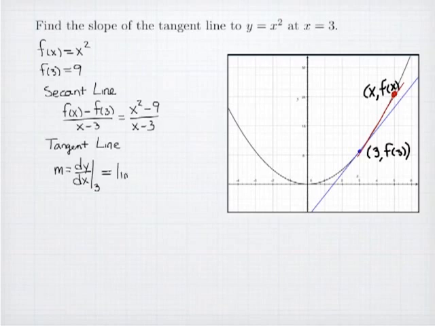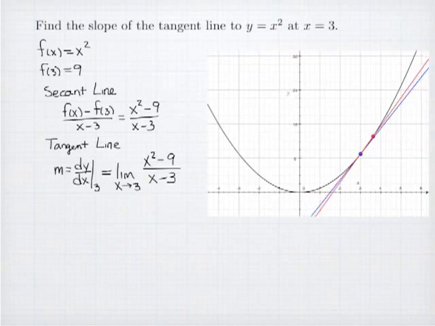That's the limit as our second point gets closer and closer to the first point of the slope of our secant line. So let's visualize this. Here's a movie. As that second point gets closer and closer to the first point, you should notice that the red line, our secant line, starts to look very much like our tangent line.